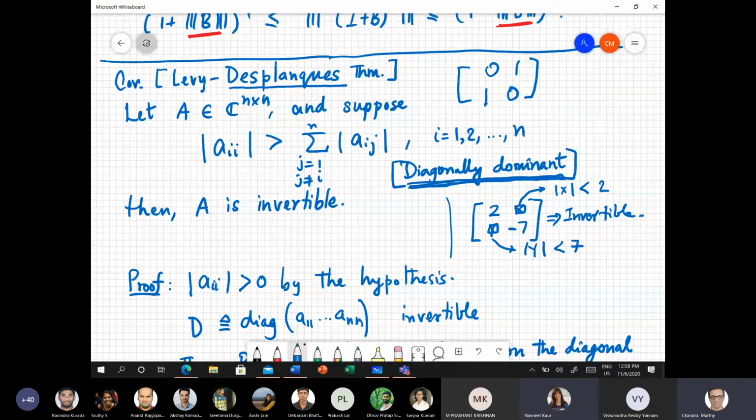Is this matrix invertible? Yes, of course, right? Its determinant is minus 1, right? In fact, sir, its inverse is itself, right? You multiply this matrix by itself, you will get the identity matrix. Yes, sir, I got it. It's not diagonally dominant.